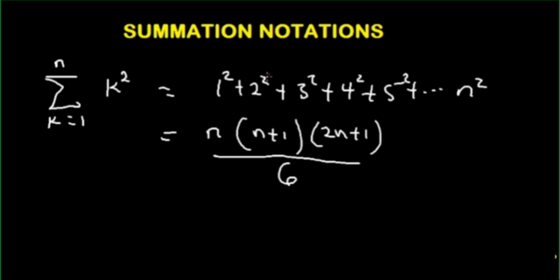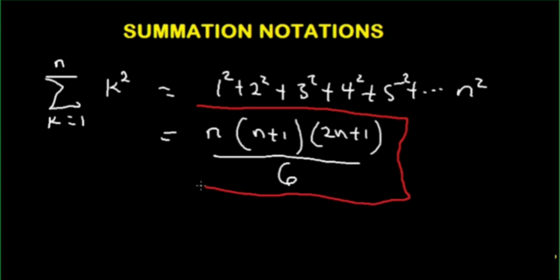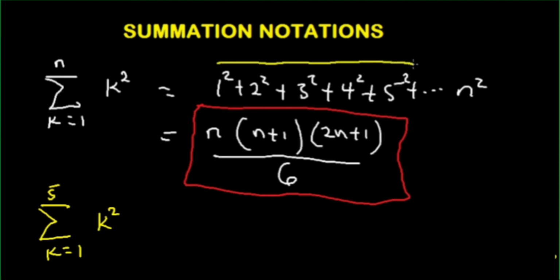This is the general formula you need to know, because you can't go through the stress of doing 1 squared is 1, 2 squared is 4, 1 plus 4 is 5, and that will take much of your time. Suppose you are asked to do something like this: stopping at 5, starting from 1, and you are asked to do k squared. That means you want to sum up from here to this place without wasting your time.